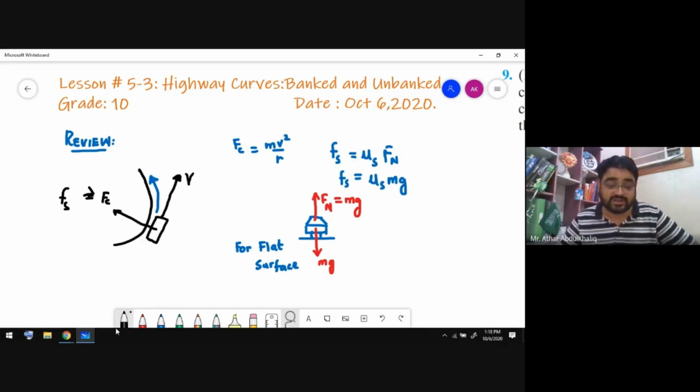So the condition for a car to take a turn is that Fs, the static friction, should be greater than or at least equal to the centripetal force. If it is equal to centripetal force, then the car can take the turn, otherwise it will not.